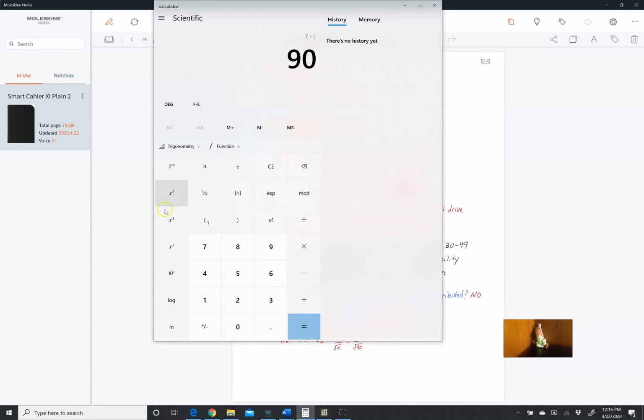This is true for most calculators. Second, and then square root. And you see that we get the same answer. Okay, so it's 7 divided by, and then I would put it in parentheses. In most calculators, you have to type the number first and then you do the second square root, okay?